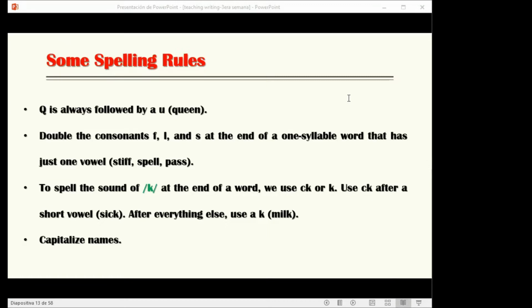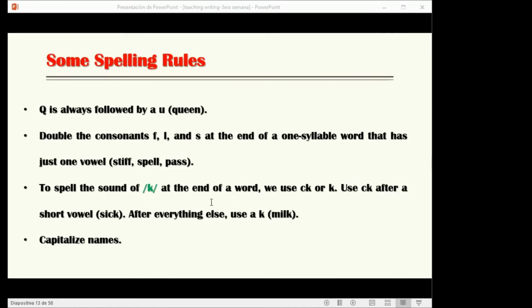For example, milk. Before the K, we have the consonant L. So it's not a vowel. So you just spell the sound with K, not with CK. Notice these spelling rules are mostly related to the pronunciation.